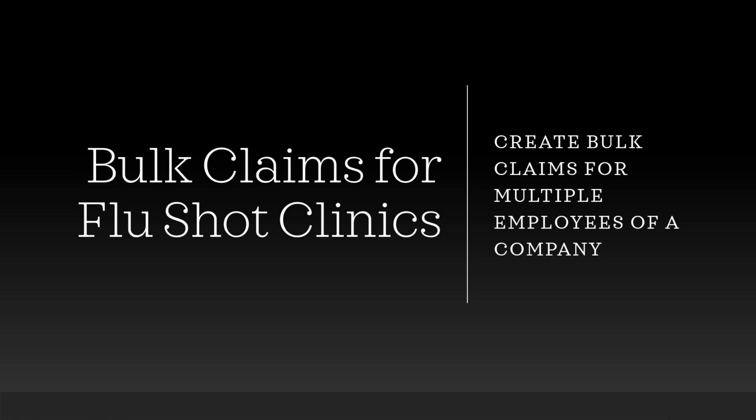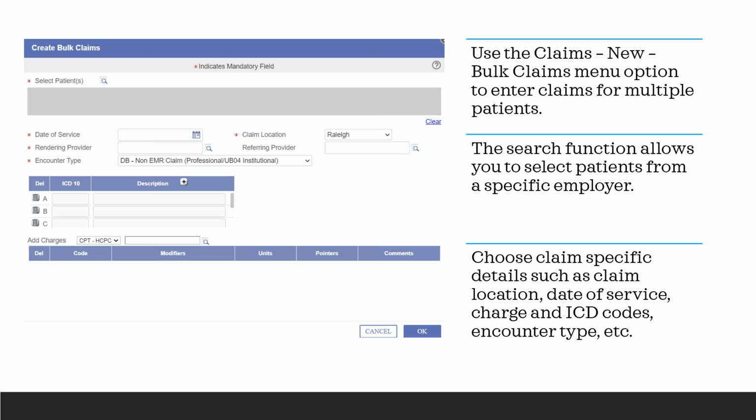Last couple little sections, so bulk claims for flu shot visits. If you have the need to do on-site services, flu shots, any kind of cholesterol testing and those sorts of things, we now have a bulk claim area that gives you the ability to enter claims from multiple patients within an organization.